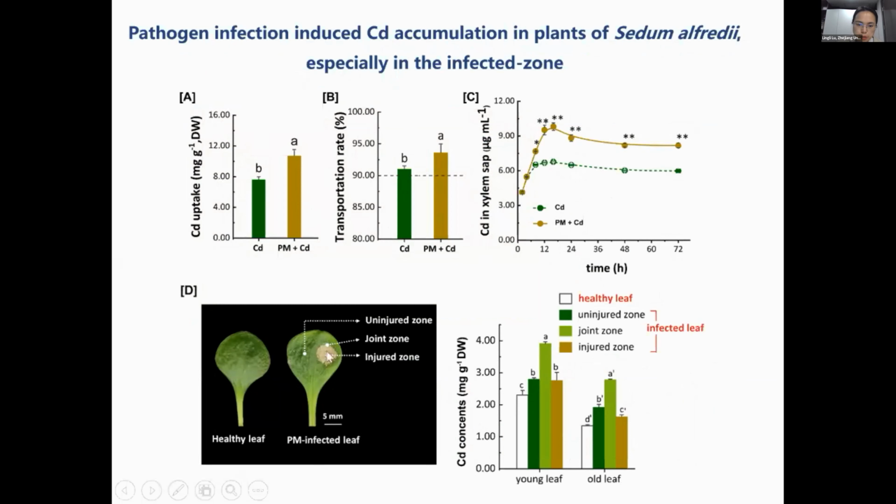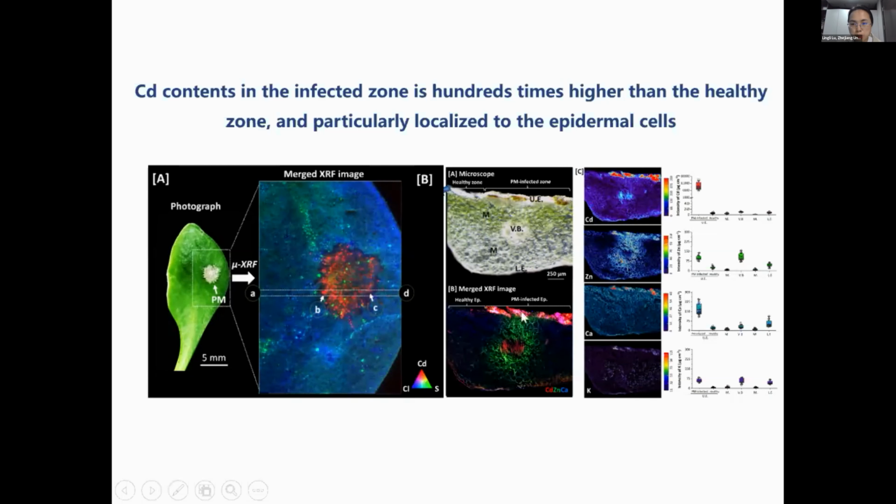We also made cross sections of the leaf, and we found that the cadmium was mostly localized to the epidermal cells in the PM-affected zone, and the cadmium counts were hundreds of times higher than in the healthy epidermal cells.